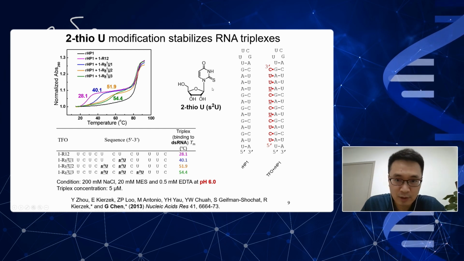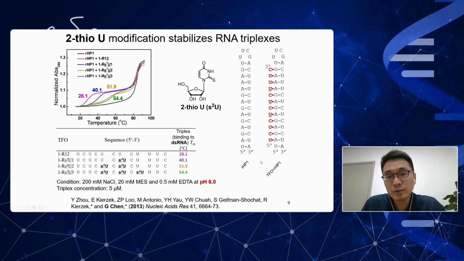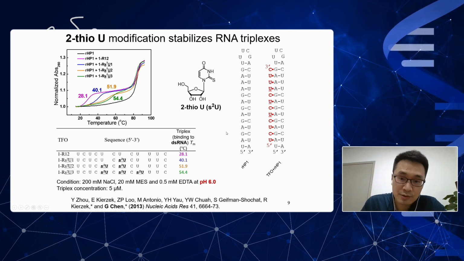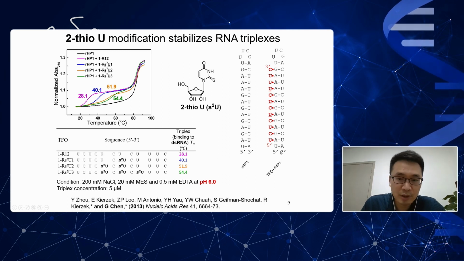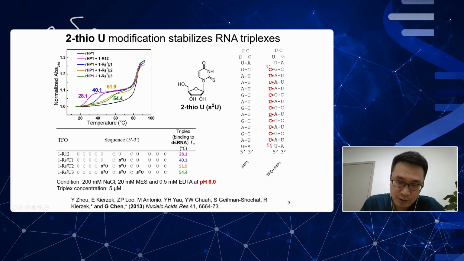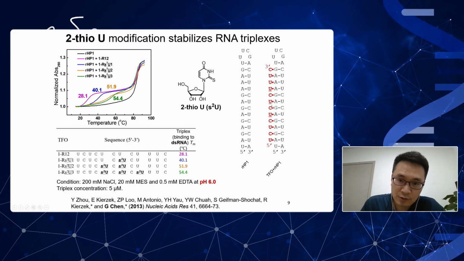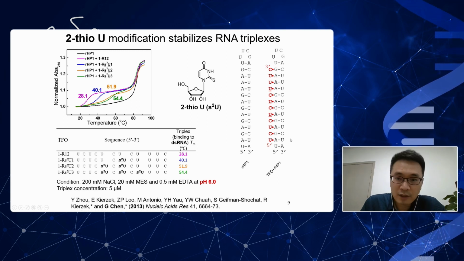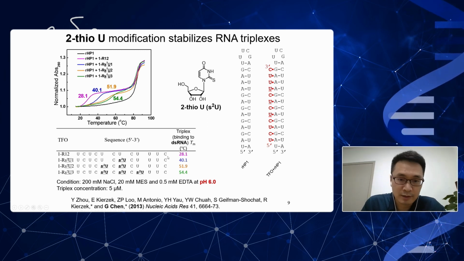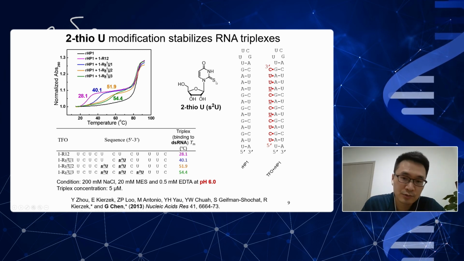In this case, on the right side, you can see one hairpin structure. We named it RHP1, and RHP1 can be recognized by this red strand with a sequence of UC, UC, UC, UC, UC, and we can modify some of the U into 2-thio U by simply changing the oxygen to sulfur.